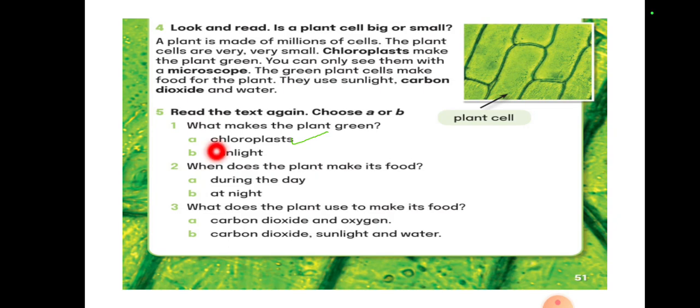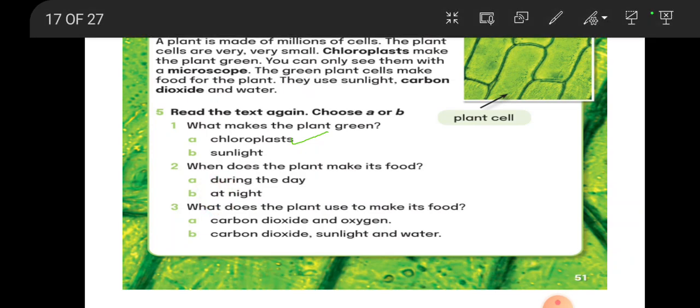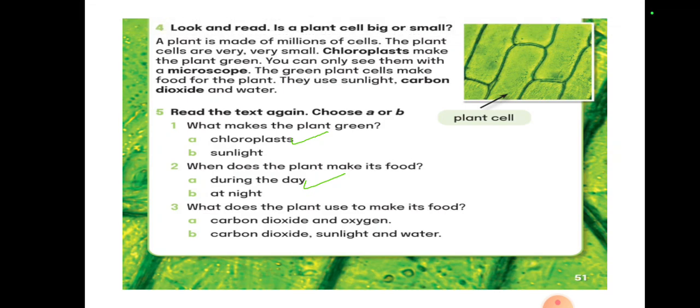Question number 2. When does the plant make its food? Is it during the day or at night? Of course, it's during the day because the plant needs the sunlight to make its food. Question number 3.